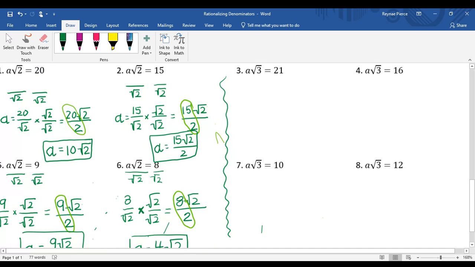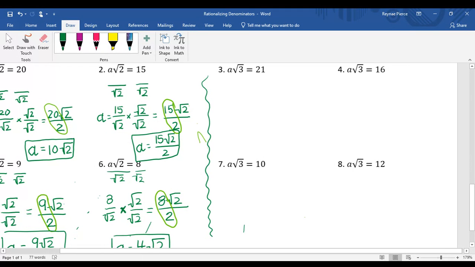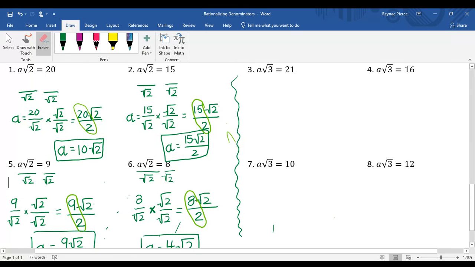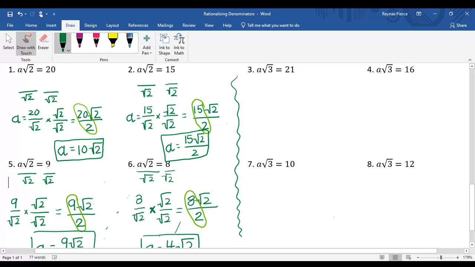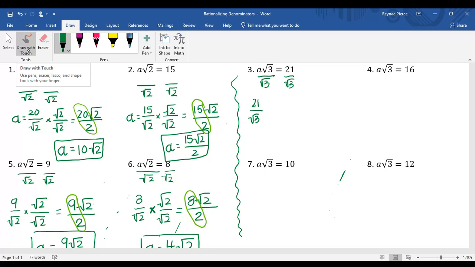All right. Moving on to the 30, 60, 90 examples here. In any 30, 60, 90 example, we will be dividing by the square root of 3. So when we divide 21 by the square root of 3, to get that radical out of the denominator, we want to multiply by the square root of 3 over itself.